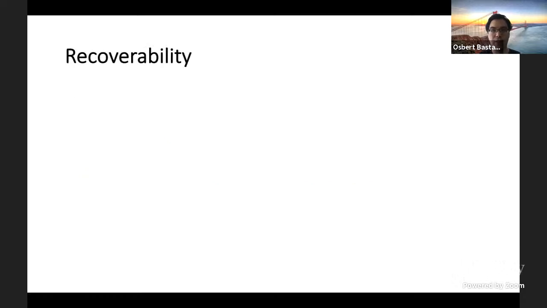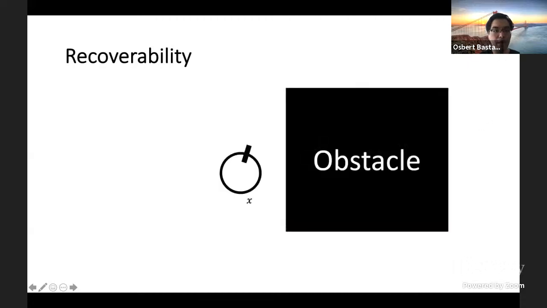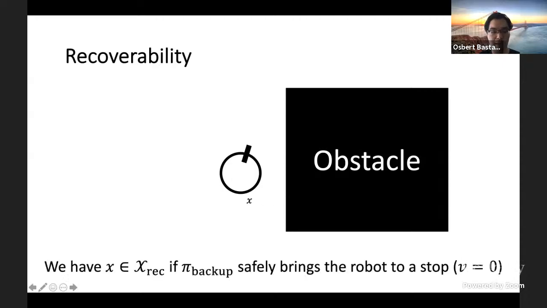Just to formalize the notion of recoverability, I'm going to give an illustration. Here's a self-driving robot that's trying to avoid the obstacle shown on the right-hand side, and in this case we're going to apply pi backup.